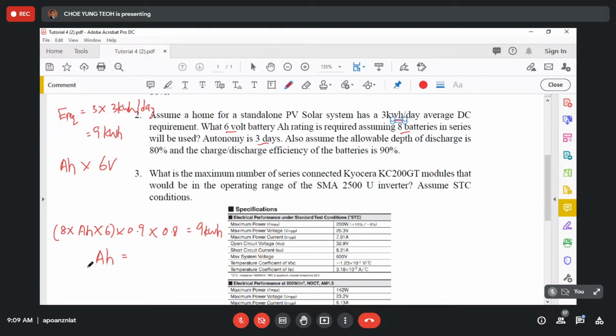Okay, 260. So your battery needs to have a rating of 260 ampere hour.